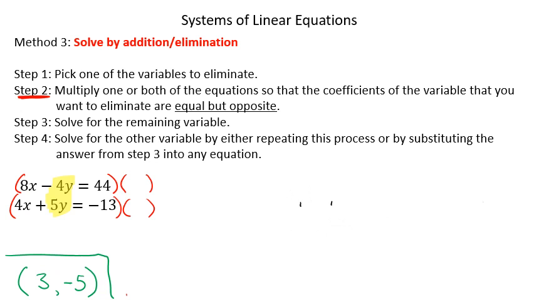So I can't turn a 4 into a 5 without fractions. I can't turn a 5 into a 4 without fractions. So if I'm only using whole numbers, I could turn them both into the number 20. So if we take the first equation times it by 5, that will give us a negative 20y. Take the second equation times it by 4, that will give us a positive 20y.